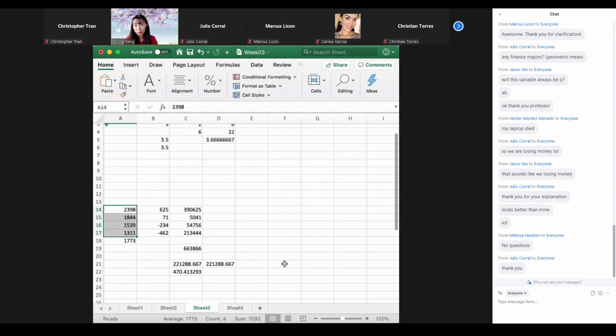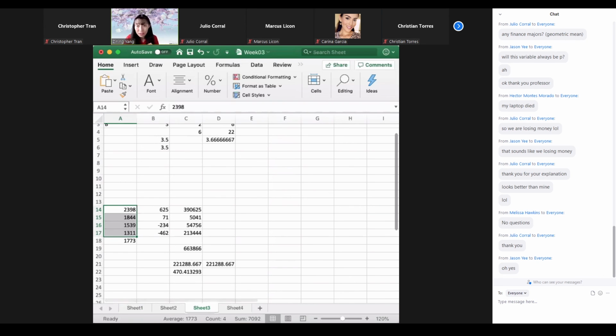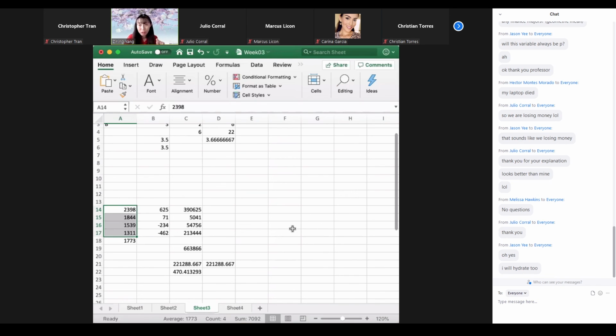Type in the 4 numbers and we start from there together. Just these 4 numbers.